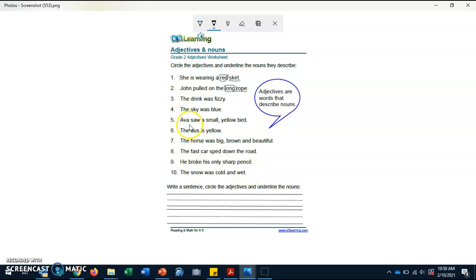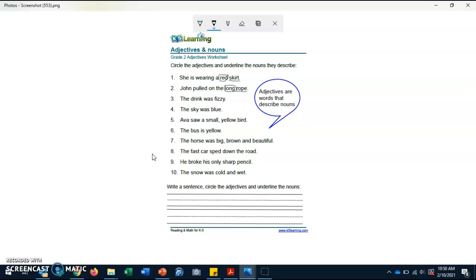Just reading these sentences right here, Matthew, I can already tell that there is more than one adjective. So some of them might have 2 or 3 adjectives. Remember, adjectives are what is describing the noun.